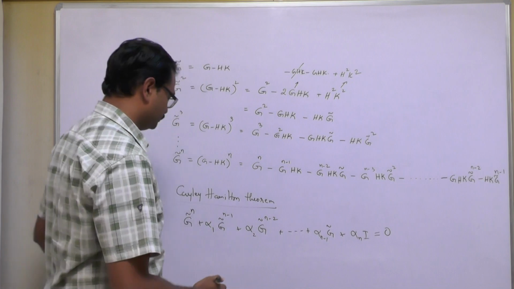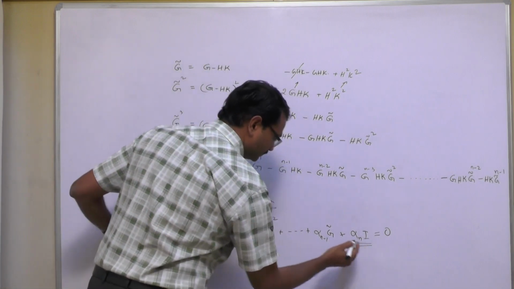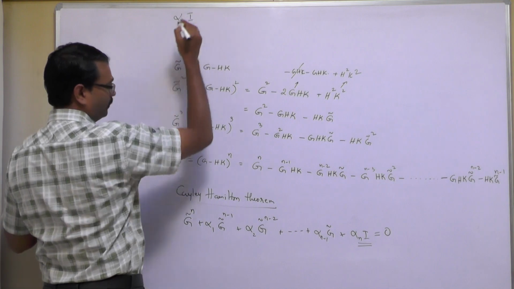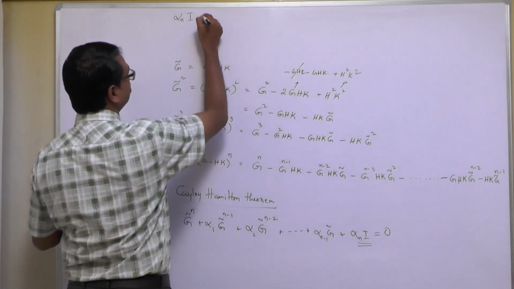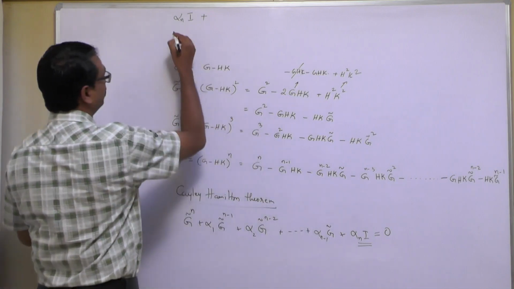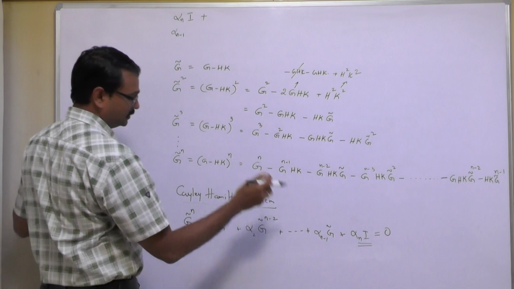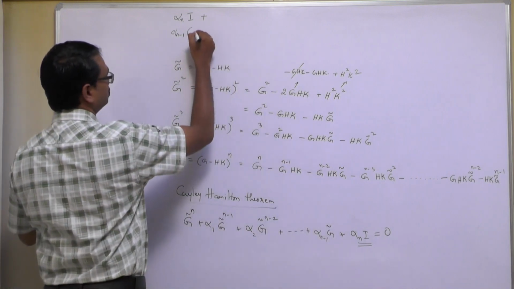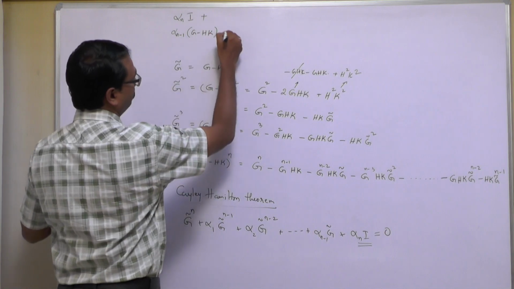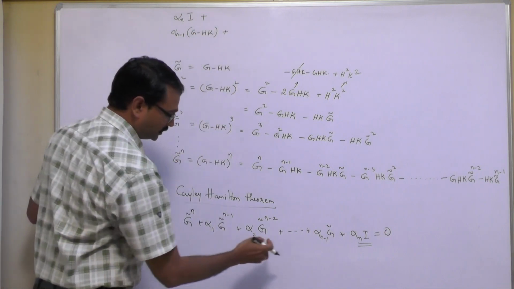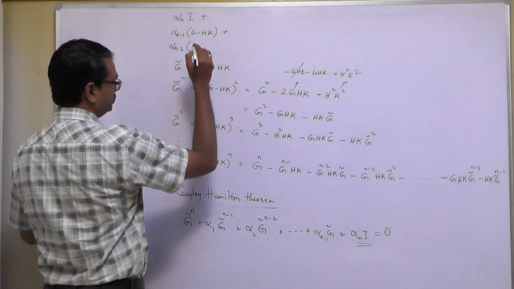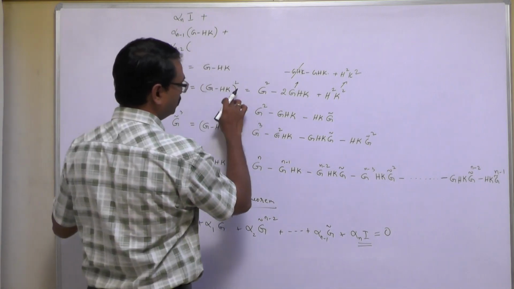alpha n I. Now I start with this vector, alpha n I plus, for simplicity I am trying to write it in this form, alpha n minus 1 G bar is G minus HK, plus alpha n minus 2 G minus HK square, G minus HK whole square.